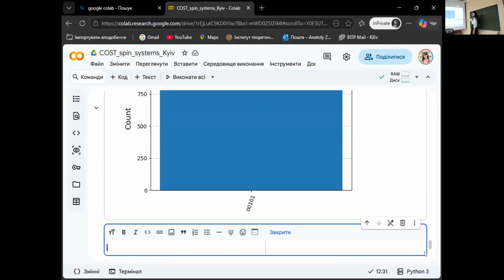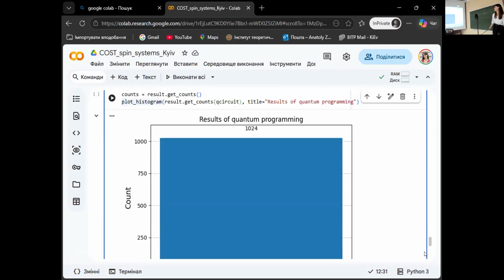Just the string, which is secret. The number of counts equals the number of shots, because we have prepared just one basis state corresponding to the secret string. This may be the end. Thank you for your attention.